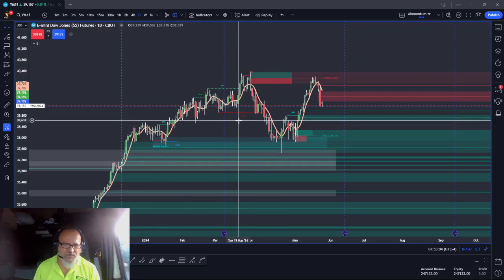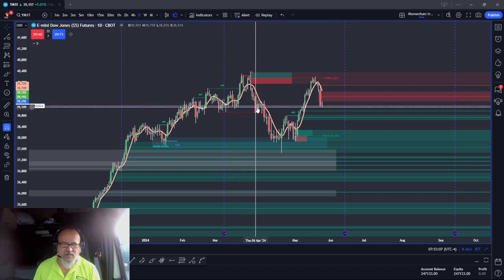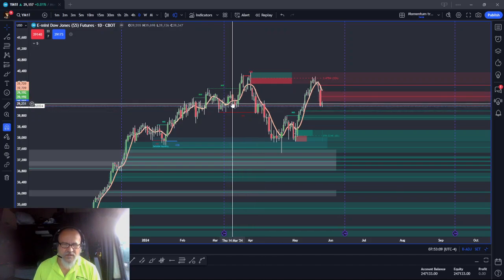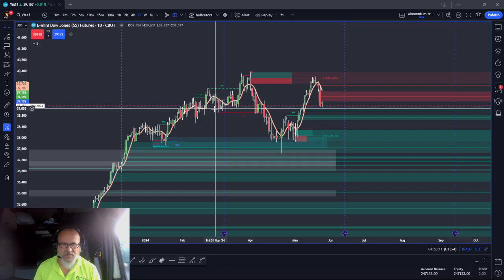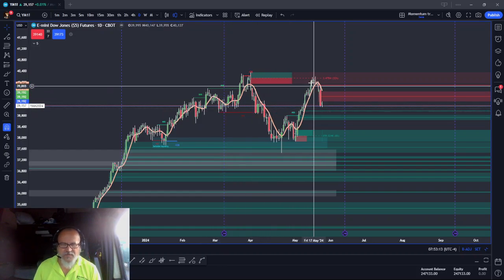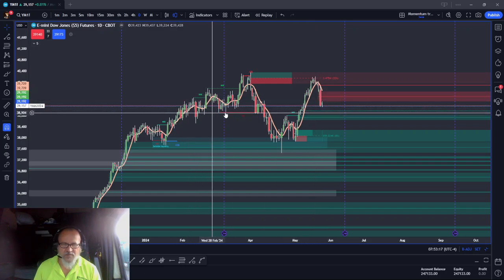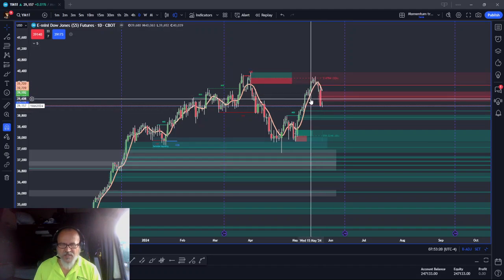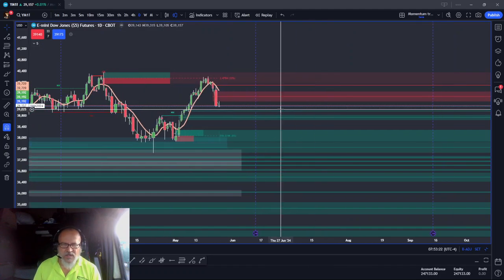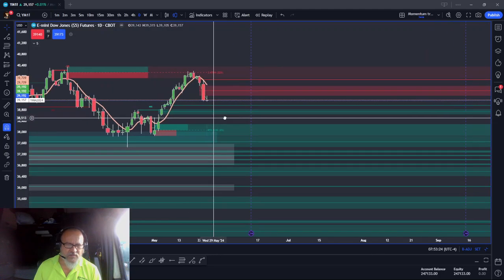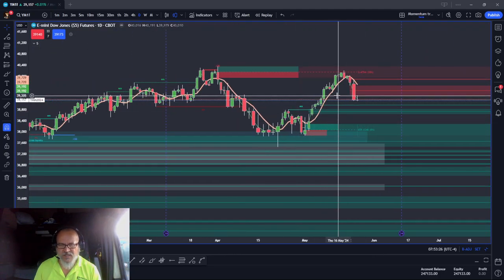Let's see. This lower high didn't displace. This one really didn't either. This one kind of did, but it didn't break the low. This one displaced and broke the low, so we definitely have a market structure shift here.